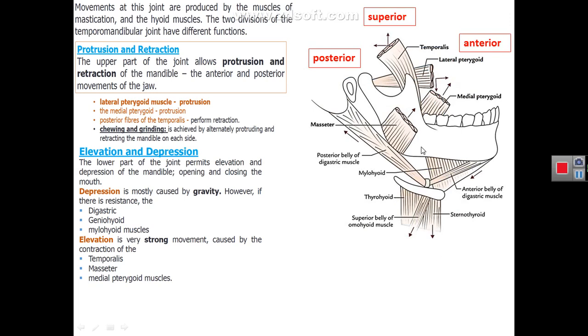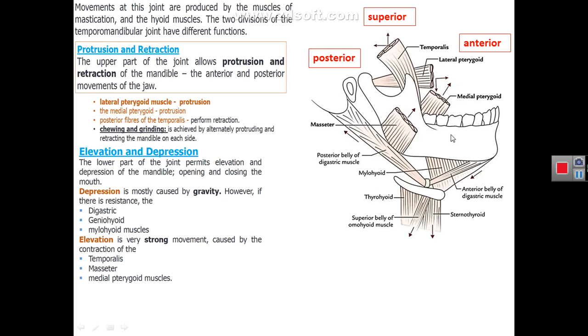Movements of the temporomandibular joint are either movement anteriorly, which is called protraction, when the mandible is pushed forward, or movement of the mandible at the TM joint posteriorly, which is called retraction. Or we may move the mandible up by closing the mouth when the lower teeth come in contact with the upper teeth.